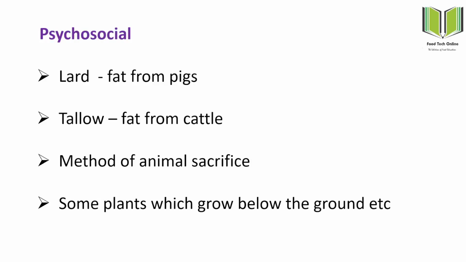For example, these things don't affect the food or change the characteristic of the food, but there are some mental beliefs of the people who eat it, like this is not best or this is not better for this commodity. But if we speak technically, if we speak scientifically, there is no harm to the food, or there is no change in characteristic of the food due to this thing. It is just the mental state of the people.